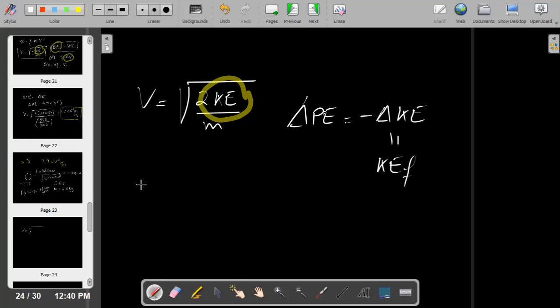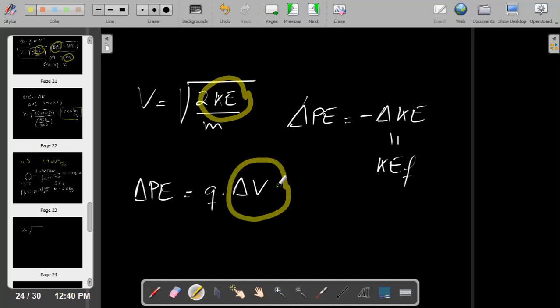Now, how do we find that potential energy? Well, we know it's the movable particle's charge times the change in electrical potential. So we're moving along. We still have to find this. We know that the change in it has to do with the position of the particles.